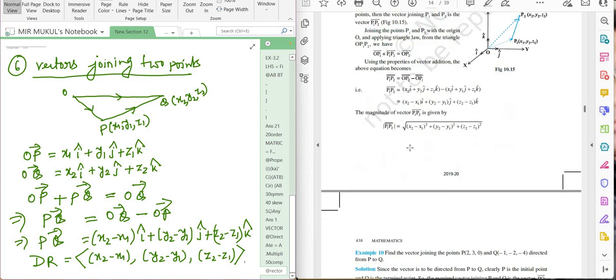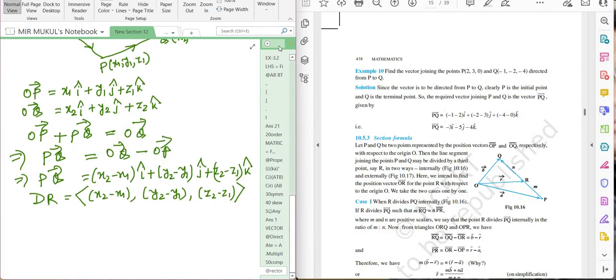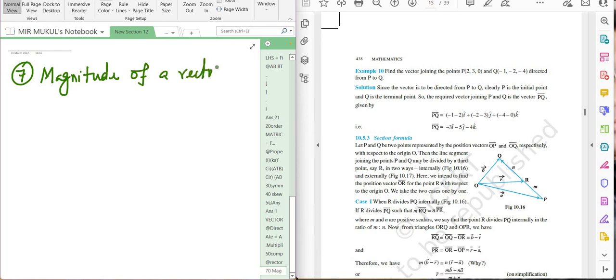Okay. Now magnitude of a vector. Next, magnitude of a vector, 7th concept. How can we find it?